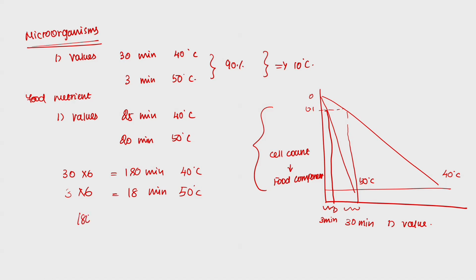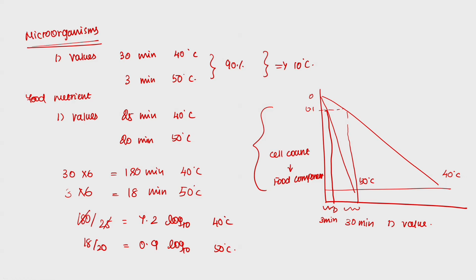If I get 180 upon 25, this is something like 7.2 log 10. If I have 18 upon 20, this becomes around 0.9 log 10, right. So this is at 40 degree, and this is at 50 degree.